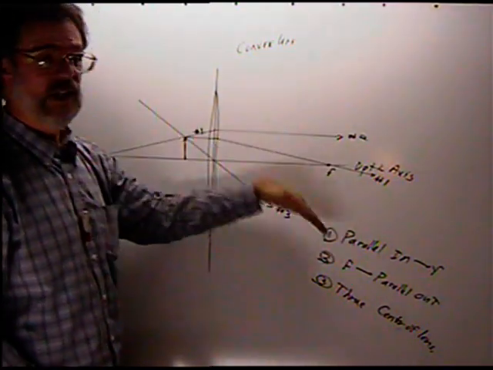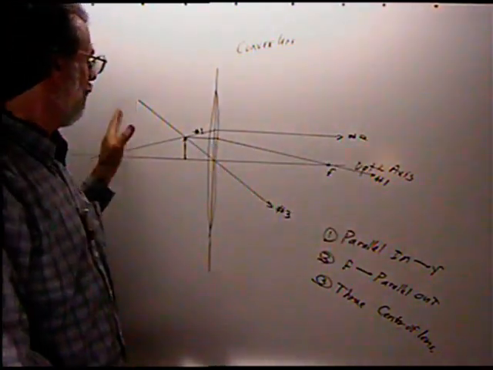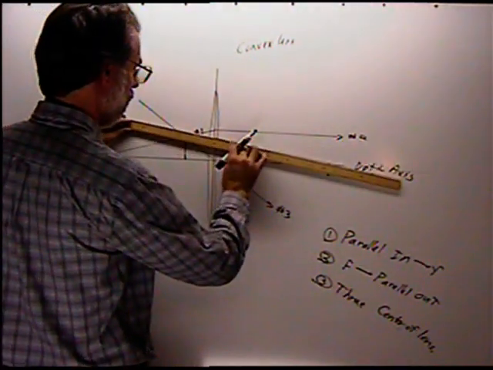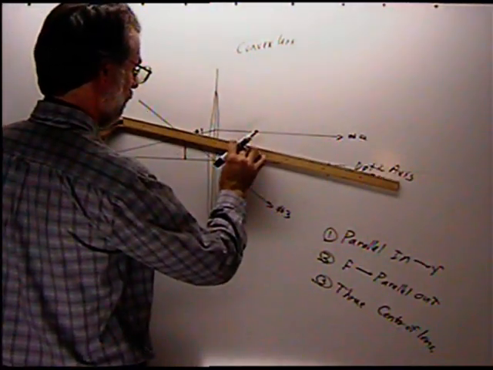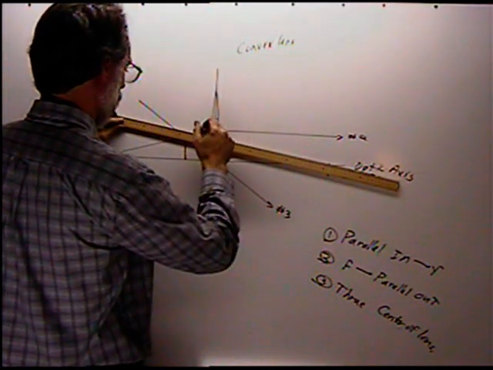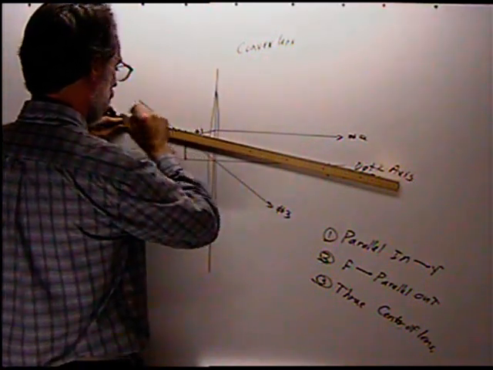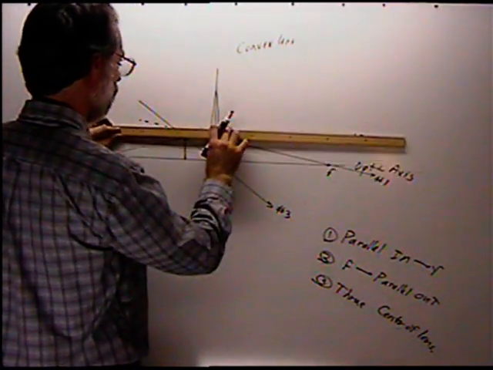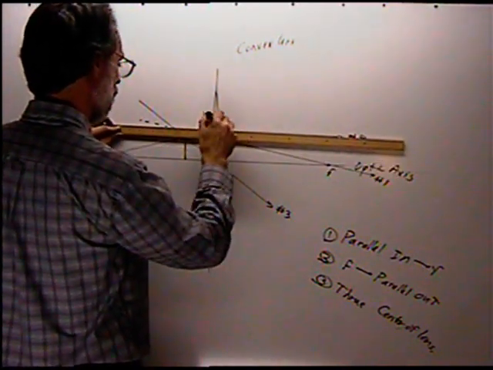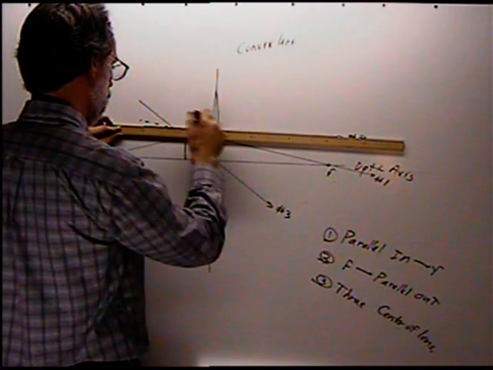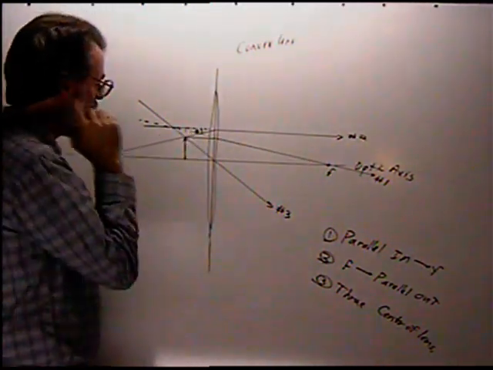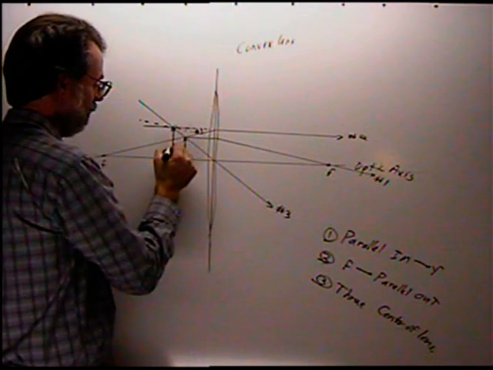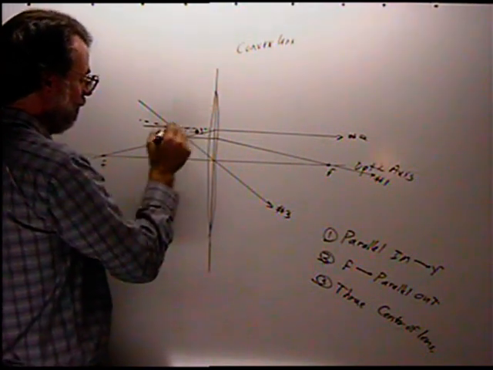None of these rays meet over here, but they clearly will meet over here in a virtual way. If we extend them back, all 3 rays cross right here. So they converge right here.